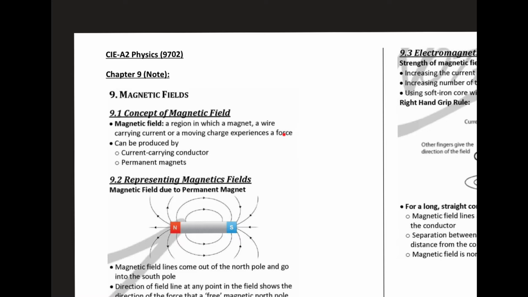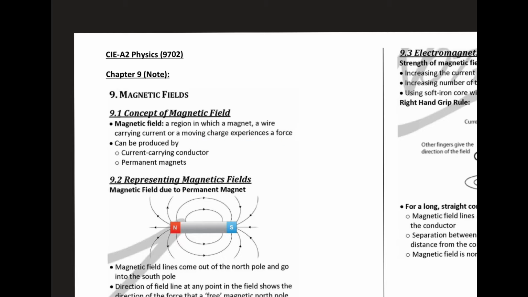Okay, so that means you have a magnet, you have a wire carrying current, or it can be a moving charge. So when magnet and the current interact, then at the end it produces a force.